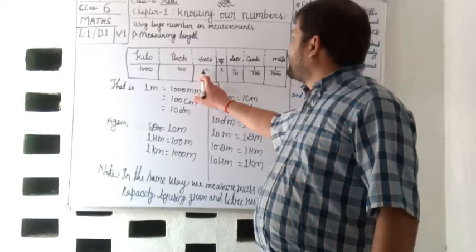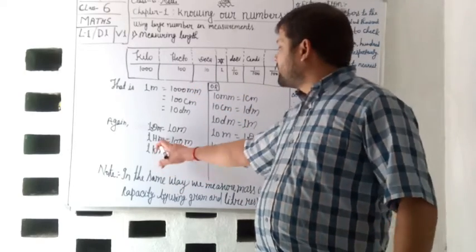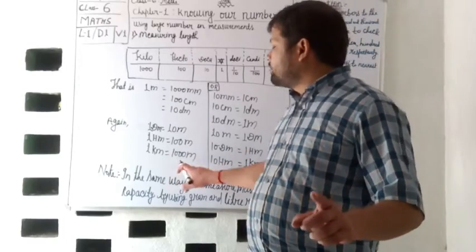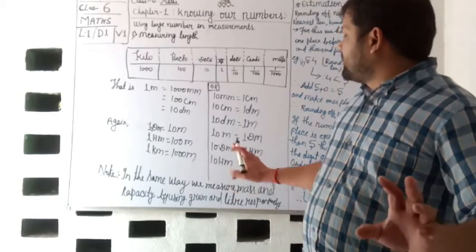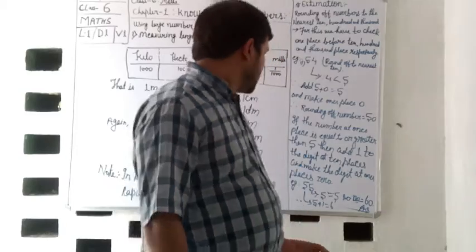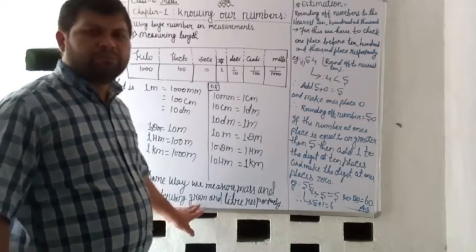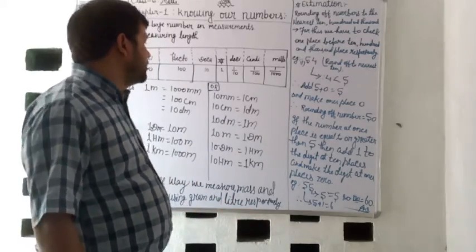Again, 1 decameter is equal to 10 meter, 1 hectometer is equal to 100 meter, and 1 kilometer is equal to 1000 meter. In the same way we measure mass and capacity in gram or liters respectively.